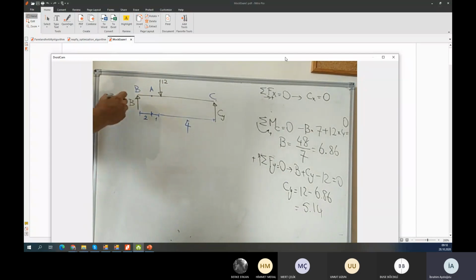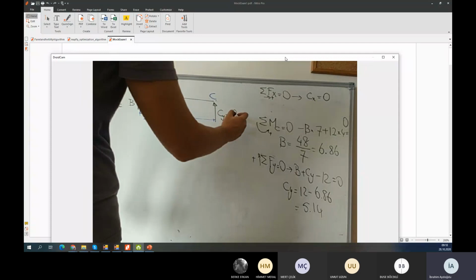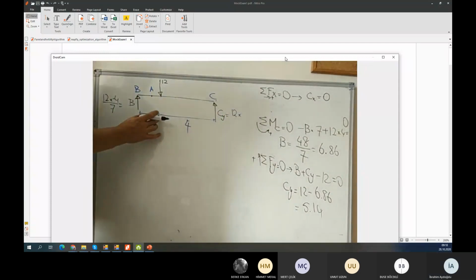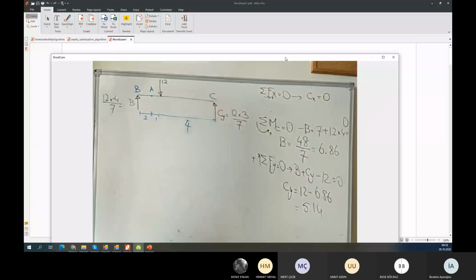So we write 12 times this arm 4 divided by 7. The B term we can calculate like this. The C term we can calculate as 12 times this arm 3 divided by 7. Same value, I think.